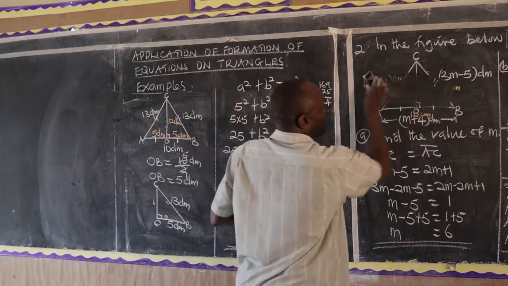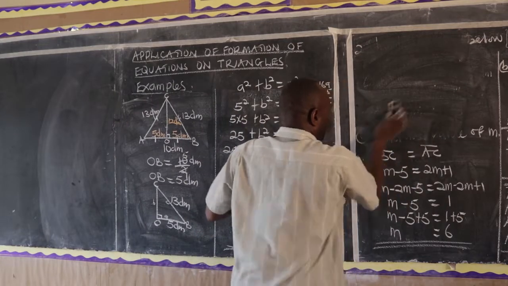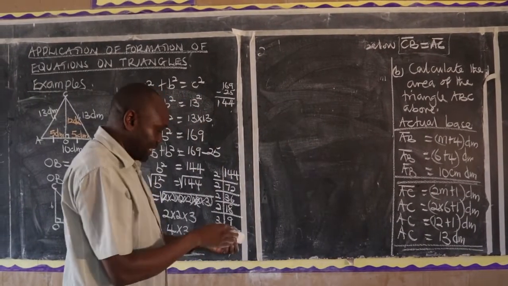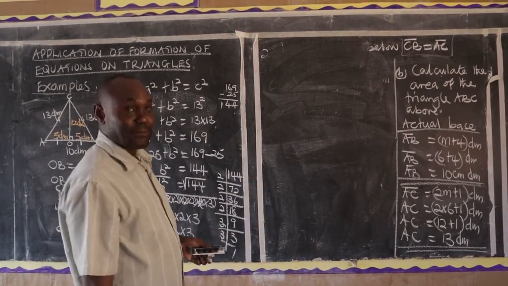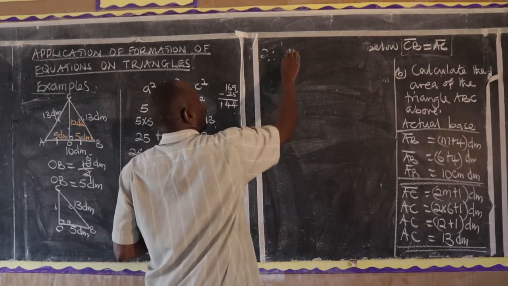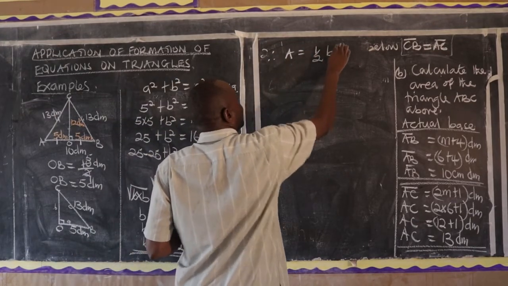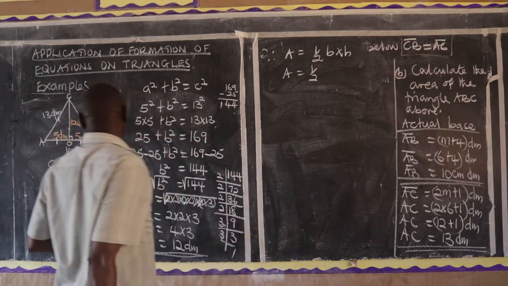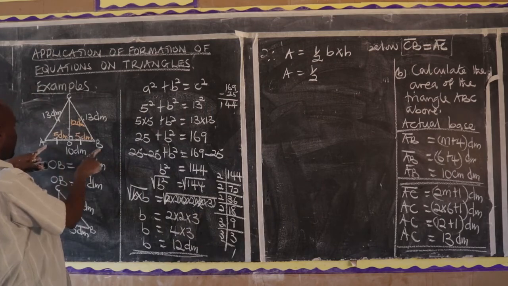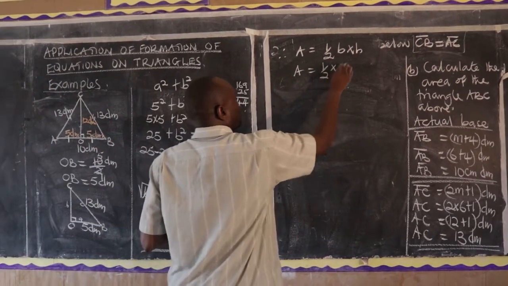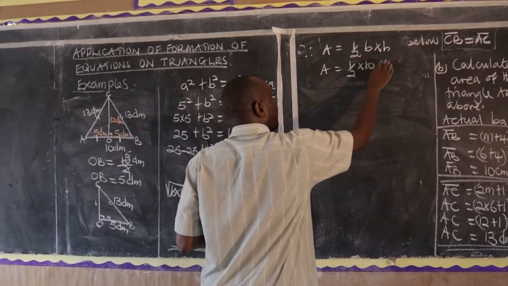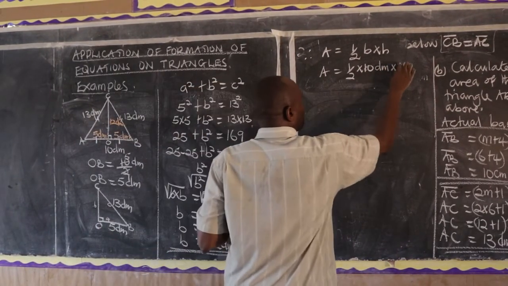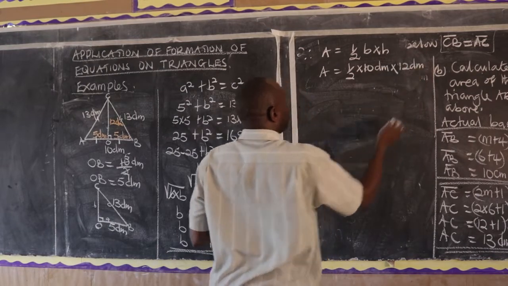Therefore, we find now the area. Can you see, candidates? You must follow, and all that work must be displayed. Therefore, area equals a half the base times the height. Area gives us a half. What's our base? The base is here, 10 decimeters. Make sure that you substitute correctly, times the height, which is 12 decimeters.